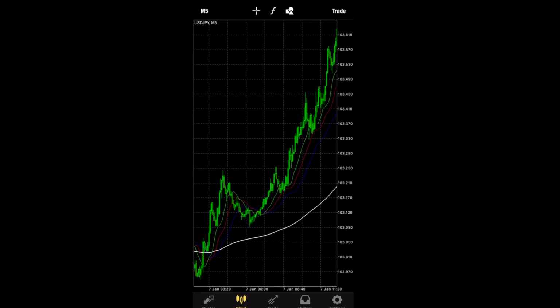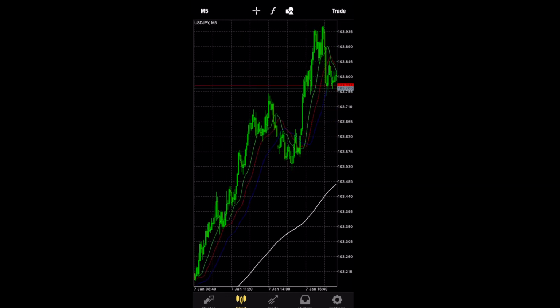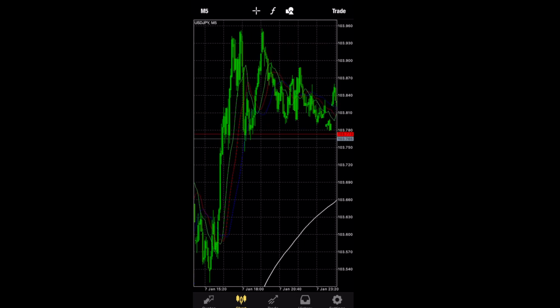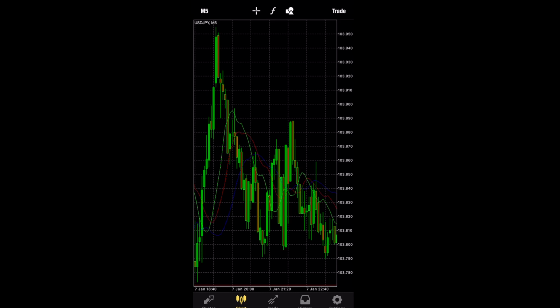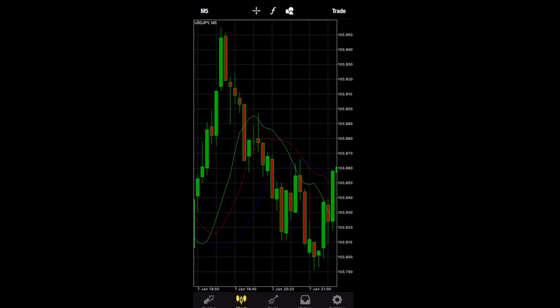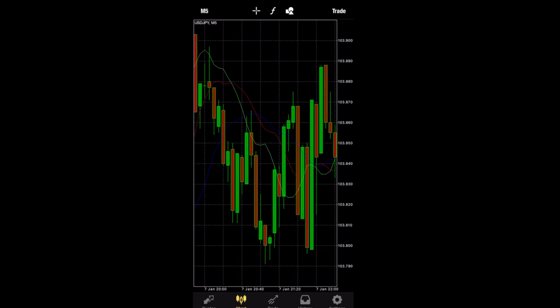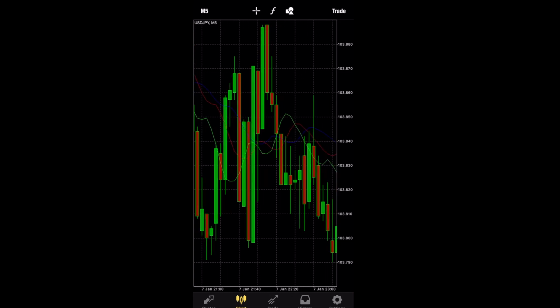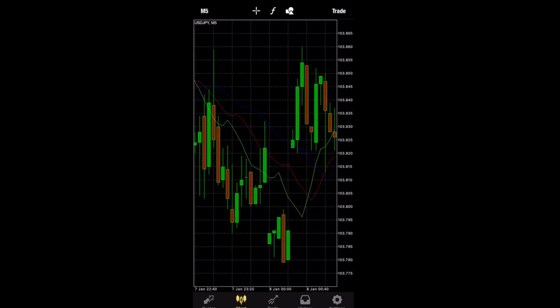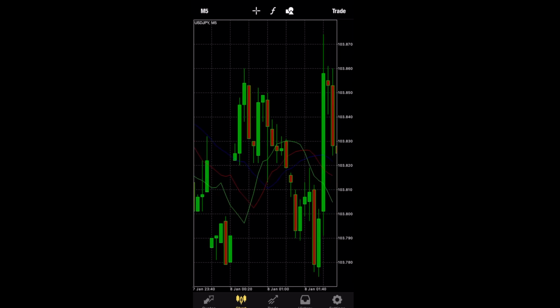Look at this trend right here that the alligator is showing. If you look closely, when that green line crosses under that red line, price starts going down. And then you see again, it goes down, and when the green line crosses the red line up, price starts going up.